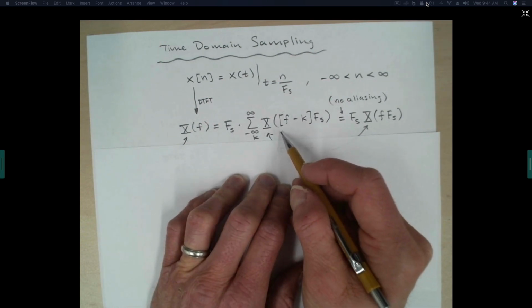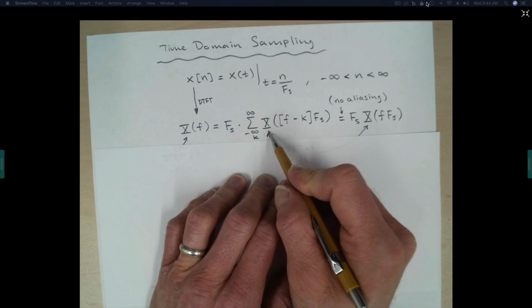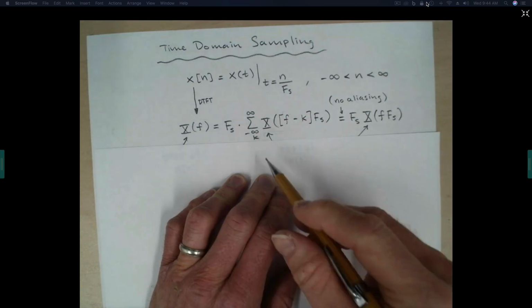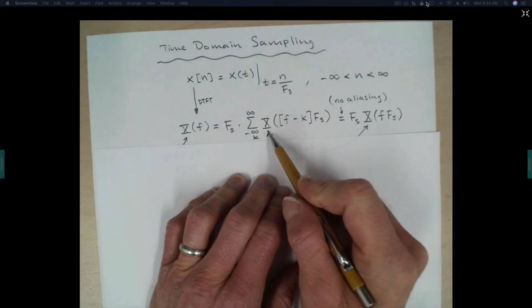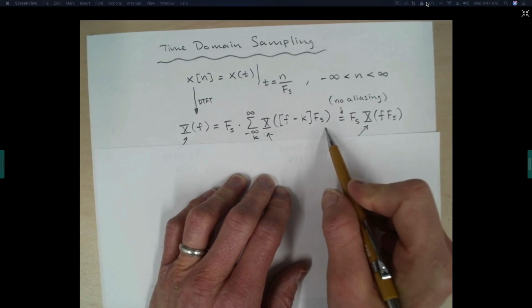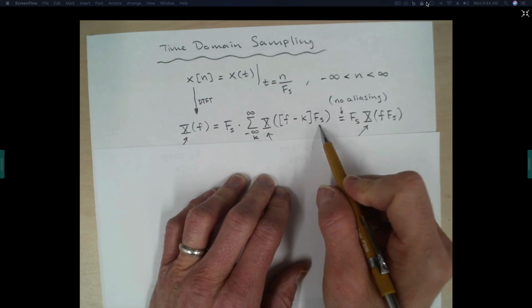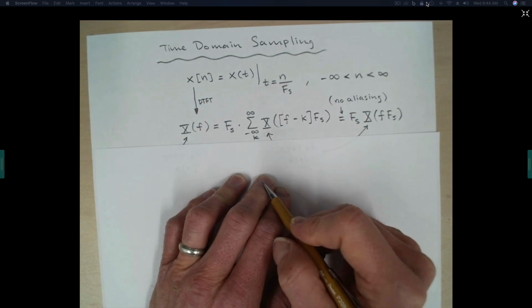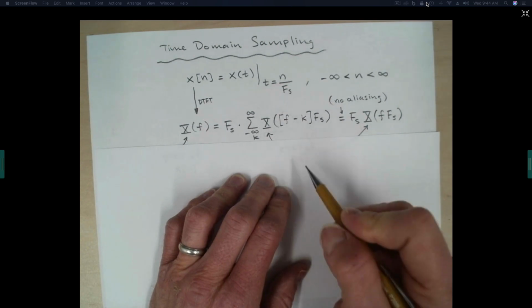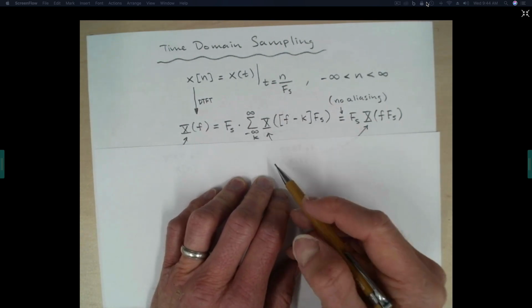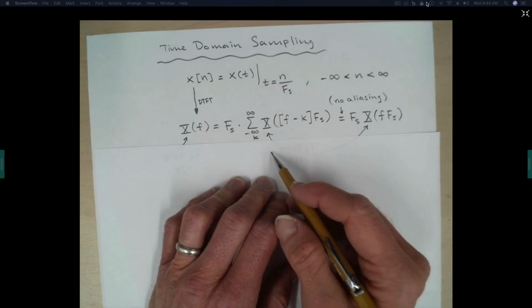So the idea is that we take the continuous time Fourier transform X of f, capital F, and we replicate that across the frequency axis at multiples of the sampling rate, and then we scale the frequency axis, normalizing by fs, to get the final aliased sampled spectrum.